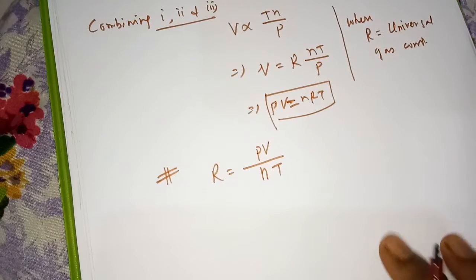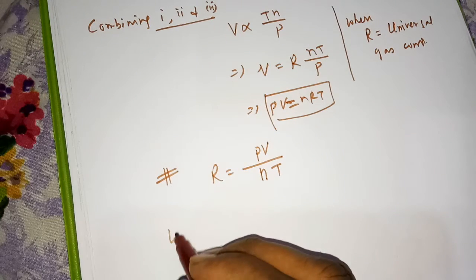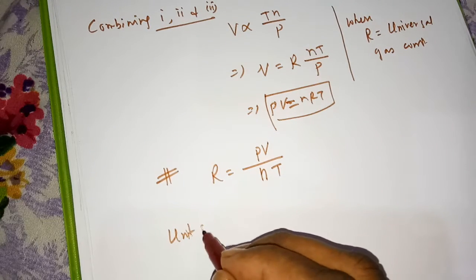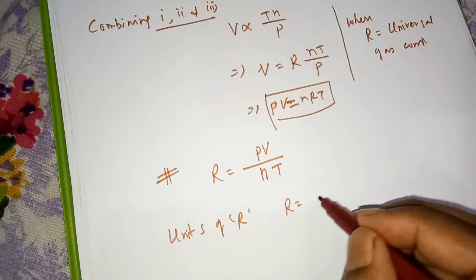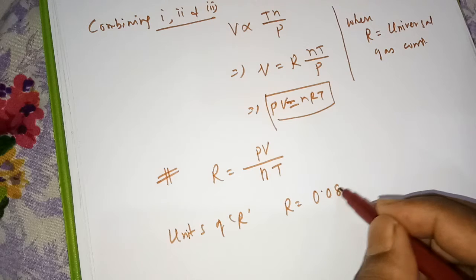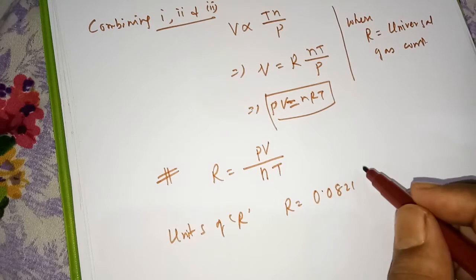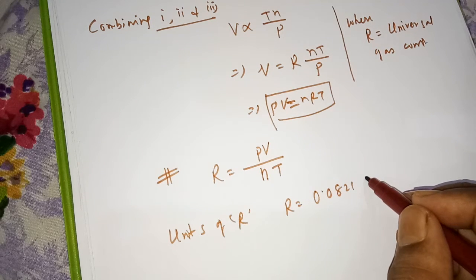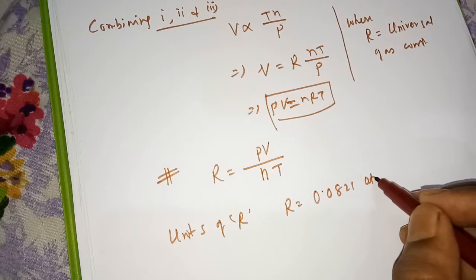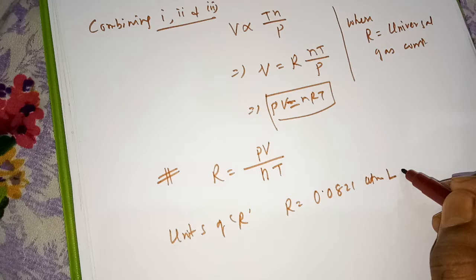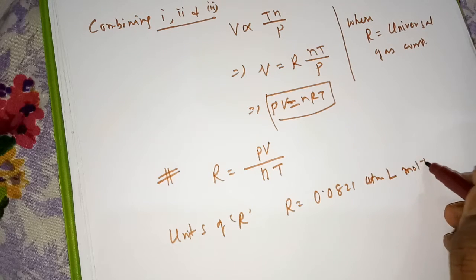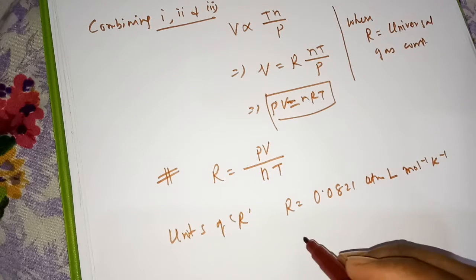The different units of R that you have to remember: R equals 0.0821 atm liter per mole per Kelvin.